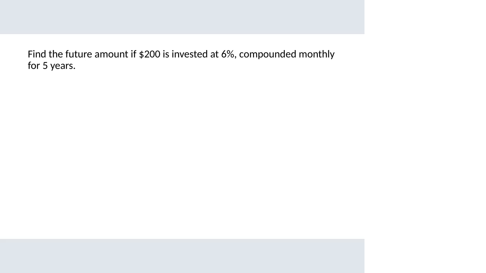Well, you'll remember all those simple interest formula questions said simple interest right in them. And this one, find the future amount if $200 is invested at 6% compounded monthly. Right there, it's telling me to use the formula for compound interest. So I know the formula I'm going to use here is this one.